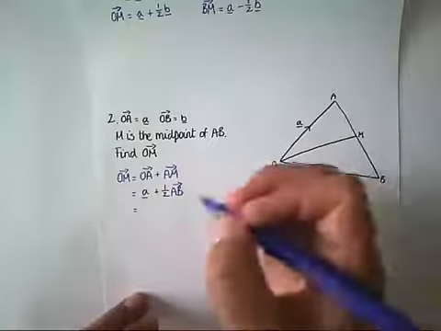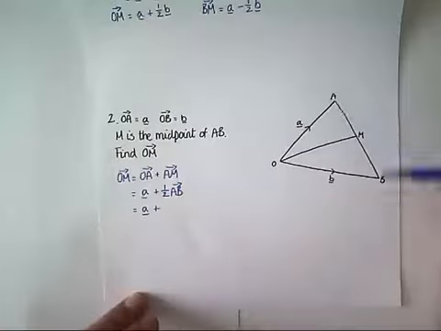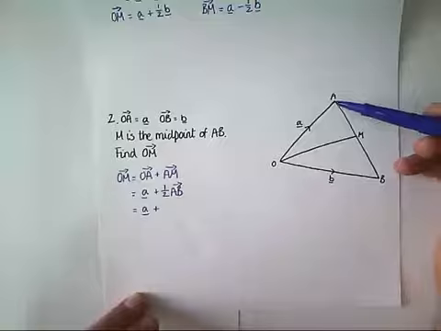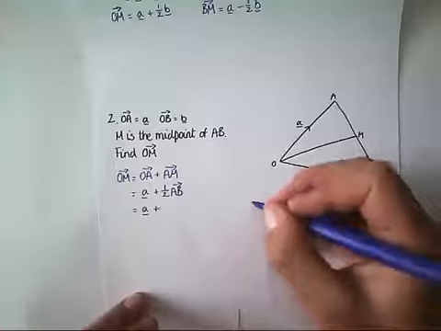Now A to B. If we wanted to go from A to B, we would have to go from A to O and then O to B. So let's just do that as a separate thing over here.